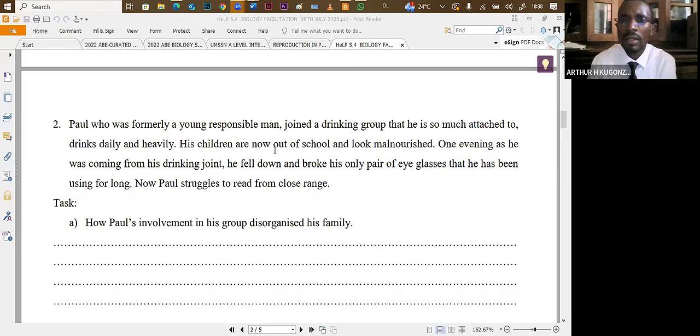Yes, okay, in case they have asked which other way can you help him to correct that long-sightedness without using glasses. You know, this is a new curriculum, so I have to be ready for any question. And that one is off the syllabus, so don't be worried, they will not ask it. Okay, thank you, sir. It is under defects, eye defects. And eye defects, you're supposed to know their names and also how they can be corrected. And they can only be corrected using glasses. Okay, thank you, sir. Okay, welcome.